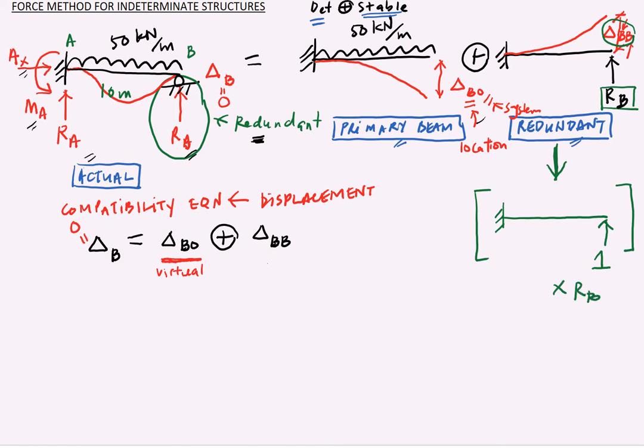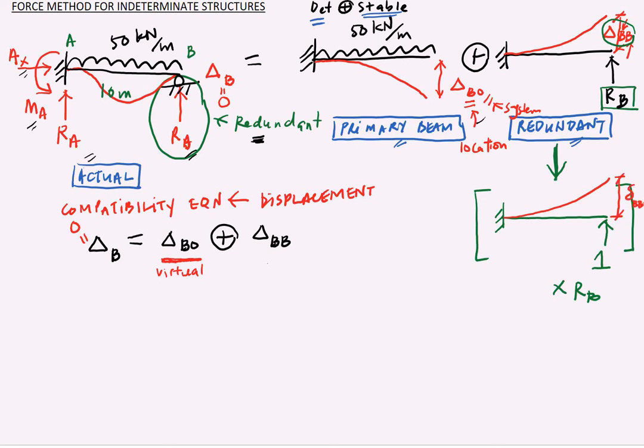This is basically the superposition principle. It says that the deflection is just the multiplication of the force that you apply. So for this redundant case, you are still going to get the deflection upwards, and the value of this deflection is small delta BB.